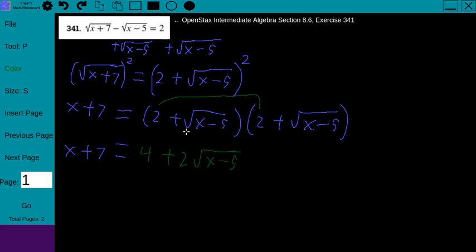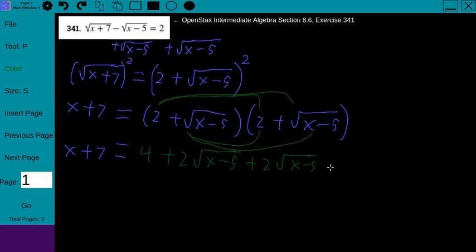And then if we do it again, we're going to have 2 times this root thingy, so plus another 2 square root of x minus 5. And then we do the last one.